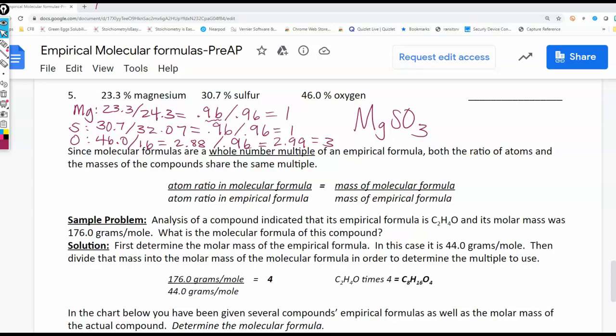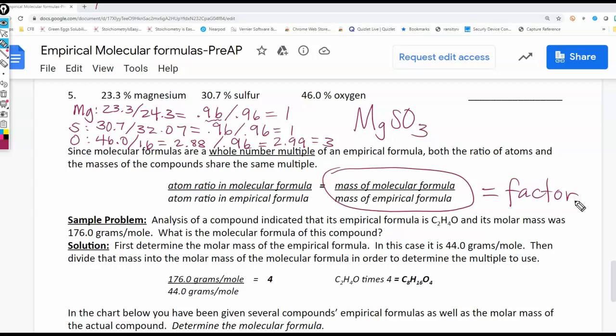And so this particular part right in here, the mass of the molecular formula divided by the mass of the empirical formula, when we calculate that up, that is going to give us the factor by which the empirical formula can be multiplied to get the molecular formula.